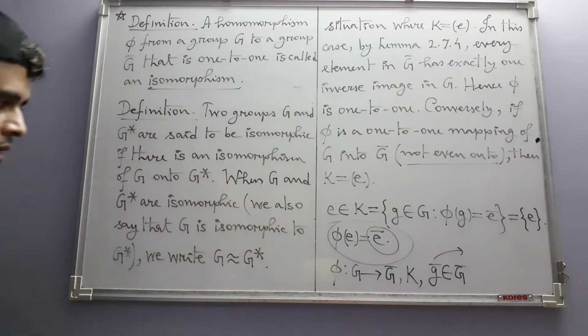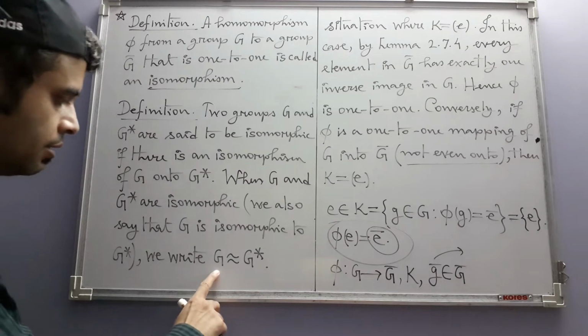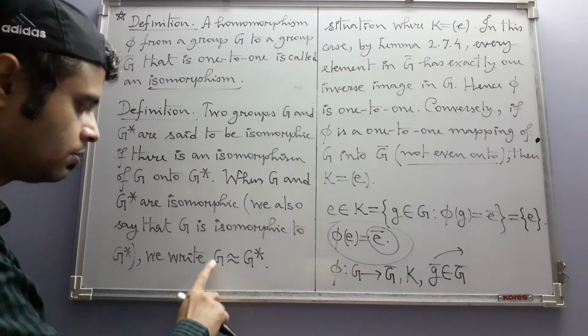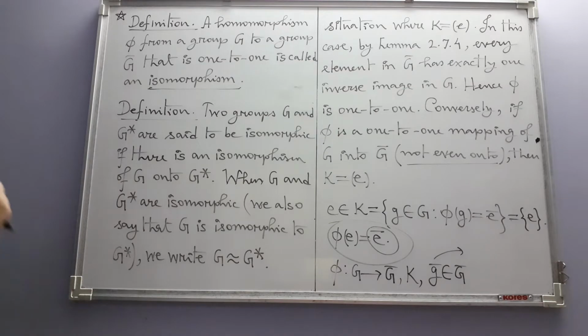It means G is isomorphic to G star, that there is an onto isomorphism from G to G star.